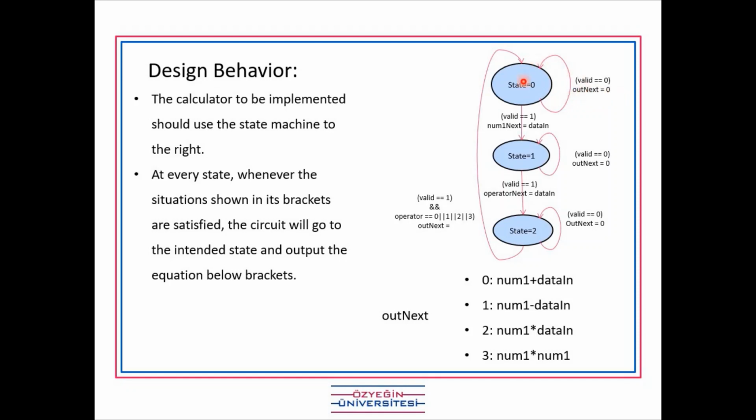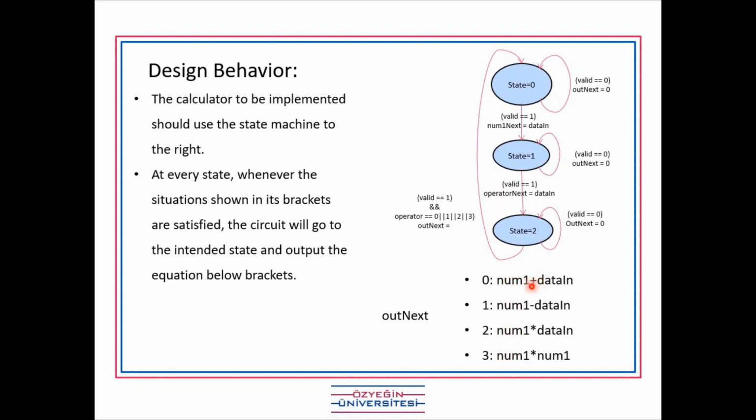We do nothing, we go back to itself. But if valid is 1, then num1 next gets the value. Data in is the one giving inputs, as you have seen from the block diagram. From data in, you get values, and that value is saved to num1. This is the first number.